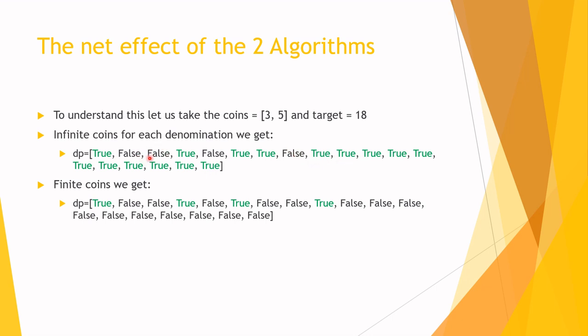The only numbers that won't be possible will be 1, 2, 4 and 6 when coins 3 and 5 are given. But with finite coins, obviously 0 would be possible, 3 would be possible, 5 would be possible, 8 would be possible, but the rest won't be possible at all.